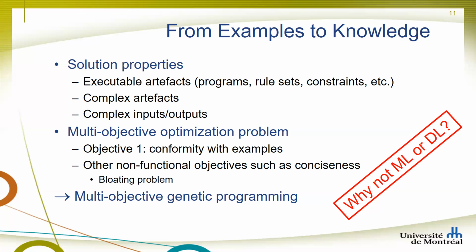Research is still going there, and having executable code with some complexity, manipulating complex input and output, we don't believe this is doable, especially with the kind of examples that we have. So these are some reasons for which we use genetic programming rather than machine learning or deep learning. We believe we will get there at some moment, but at the state of the art today, we are not able to do that.